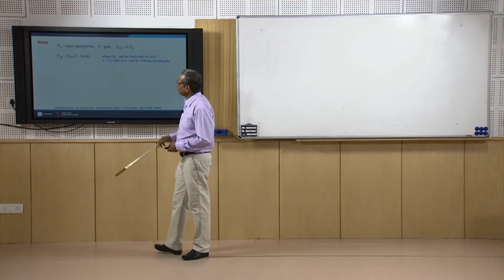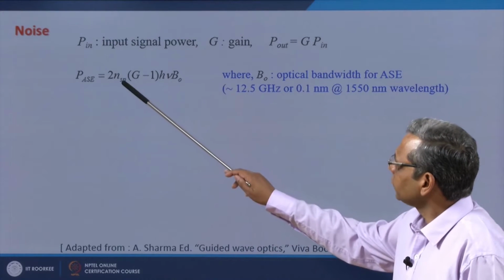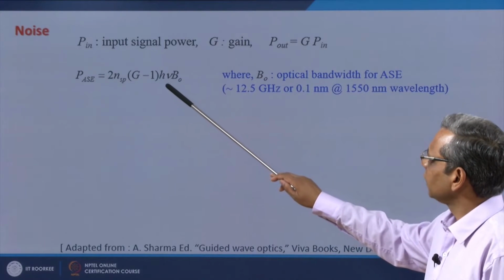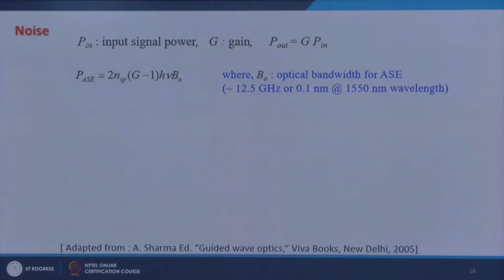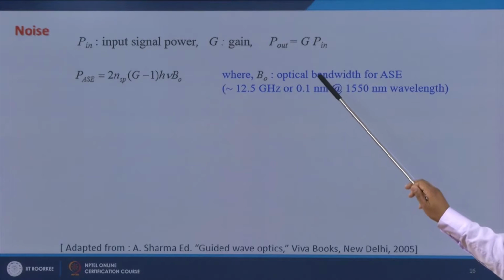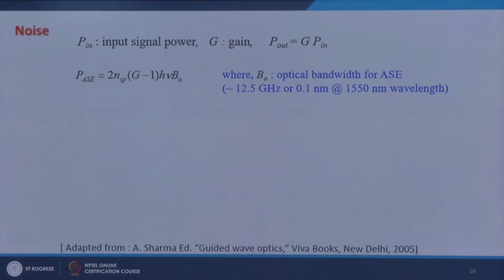So the power in ASE is given by 2 times NSP times (G minus 1) times h nu times B0, where B0 is the optical bandwidth for the ASE, which is typically 12.5 gigahertz or about 0.1 nanometer at 1550 nanometer wavelength.